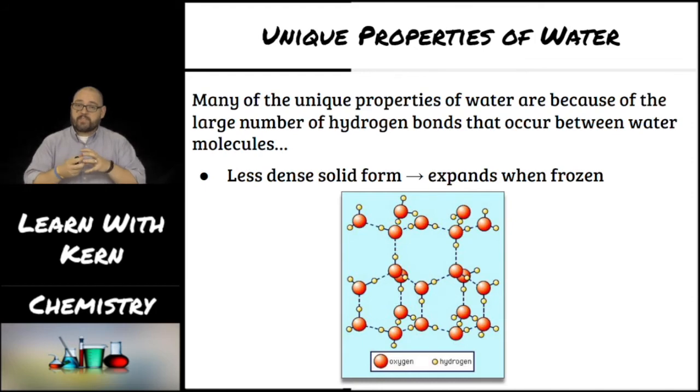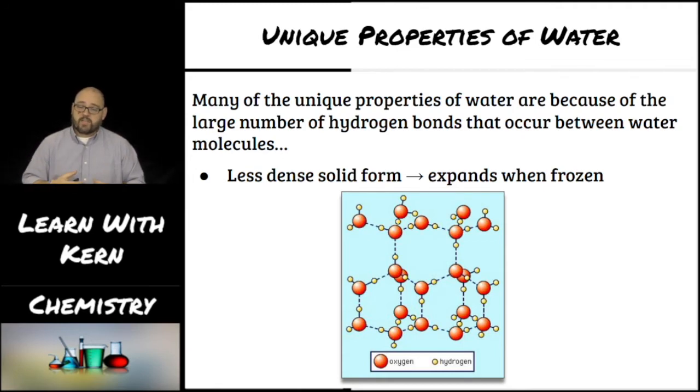Well, that arrangement means they're actually going to end up being spread out more than when they're just moving past each other, because they form that little hexagon shape that you see. It's a crystal structure of water, is expansive. And so it takes up more volume when it's frozen than when it is a liquid. And so therefore it is less dense. That's what allows ice to float.